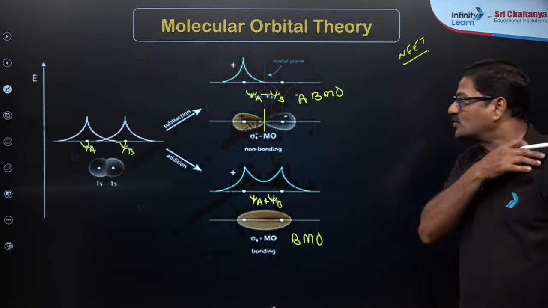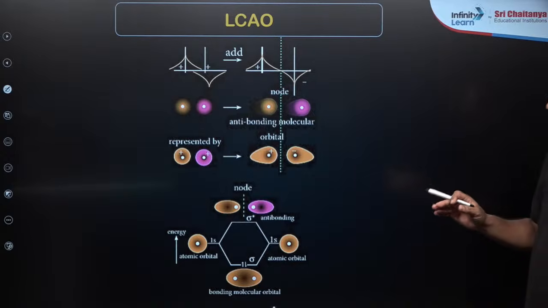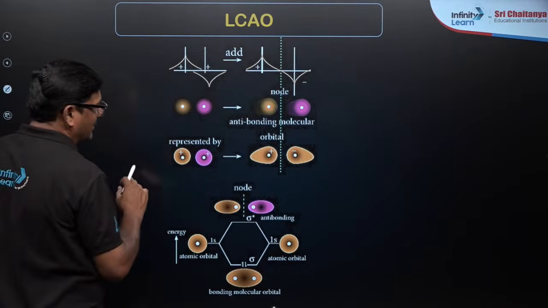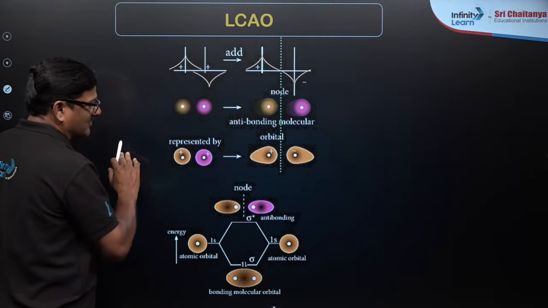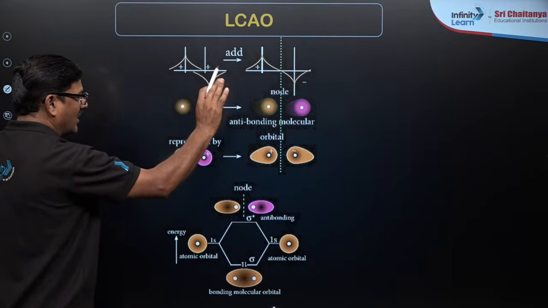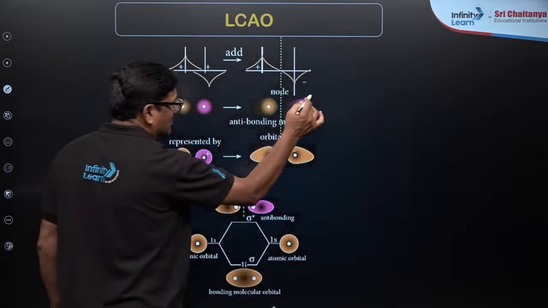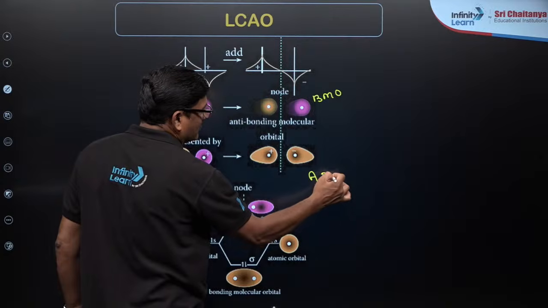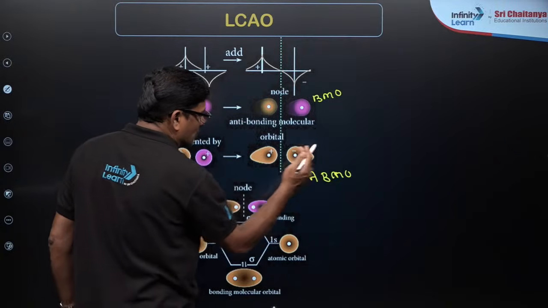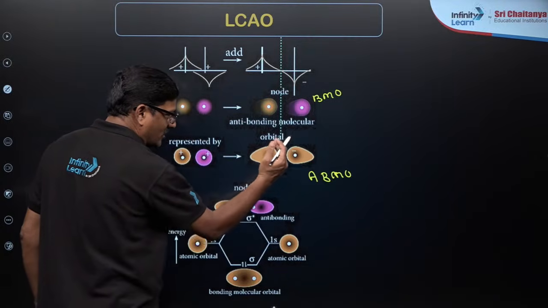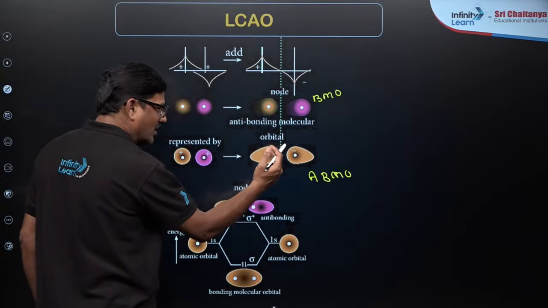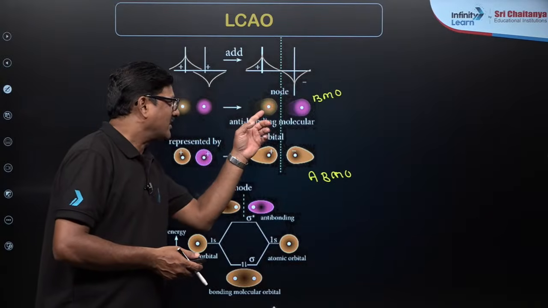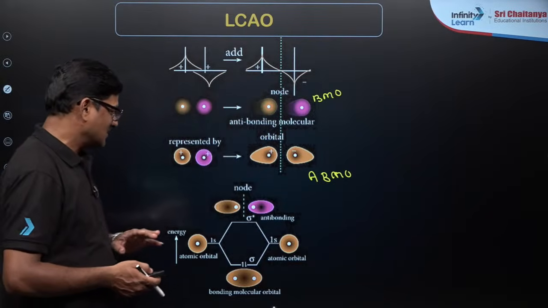Okay, I want to show you various ways. When this psi A and psi B are added, it gives rise to the bonding molecular orbital and the anti-bonding molecular orbital. If you see this anti-bonding molecular orbital, the electron is going away from the nucleus. In the bonding molecular orbital, the electron is coming in between the nuclei.